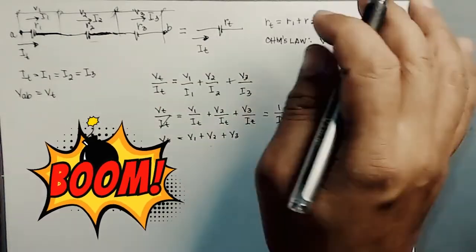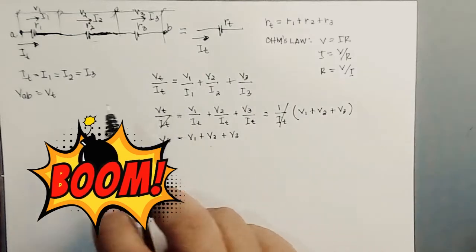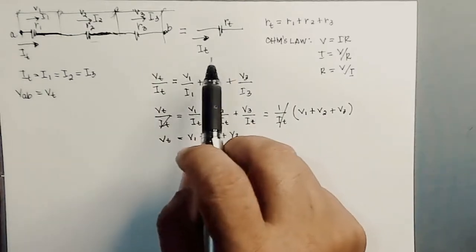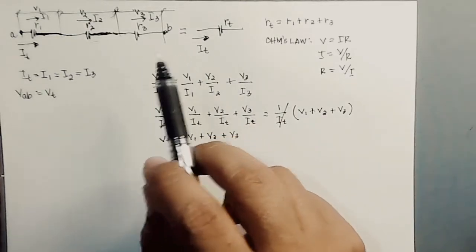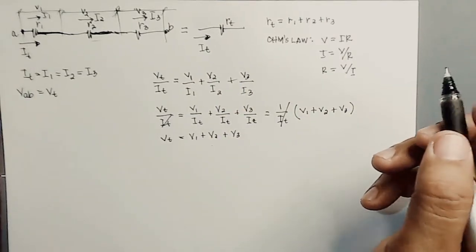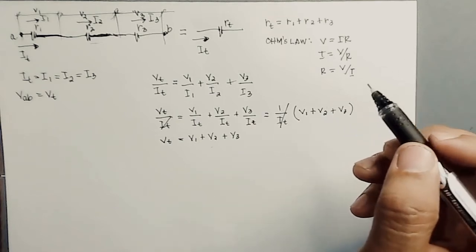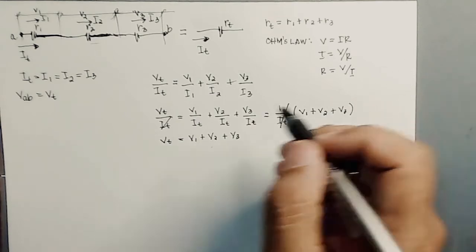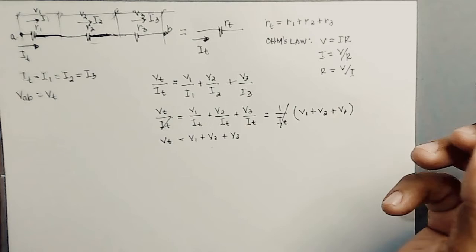So this is the nature of a circuit wherein the resistors are connected in series. So this is how we should understand series connection.